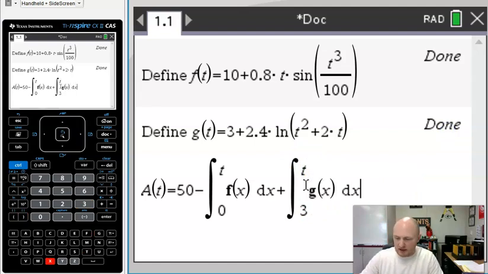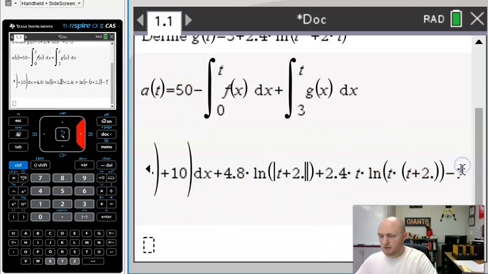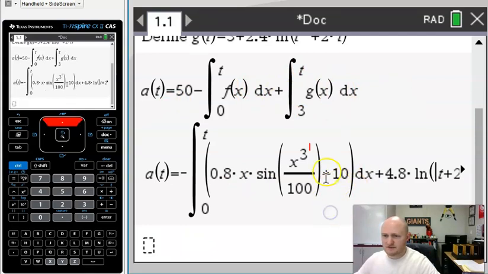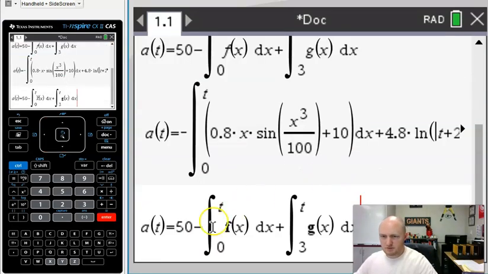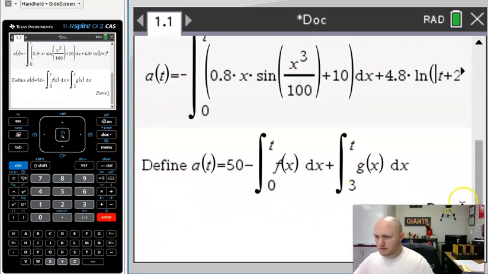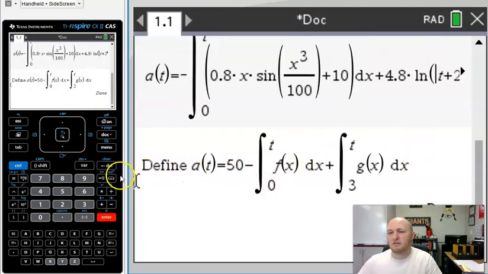This is bananas being added. Hit equals, and did it give me a done? Should say done. Why are we not saying done? Ah, I know. I didn't define it. That was my issue. So let me re-enter this and type define. And there we go. Okay, now it says done. All right, so I went ahead and I defined and showed you what not to do. Defined my two functions and then defined the function involving all of them.